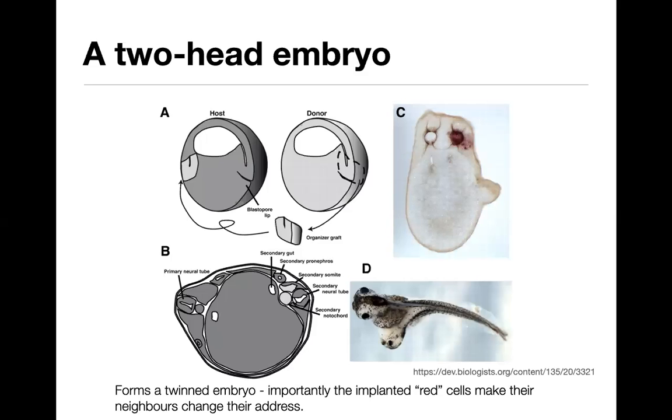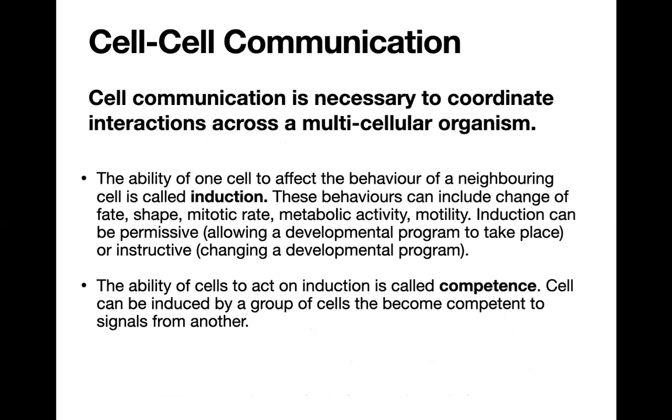Here the donor tissue is telling host tissue that it needs to change fate, and this process is called induction. So cell-cell communication is necessary to coordinate information, to coordinate behavior across an embryo.